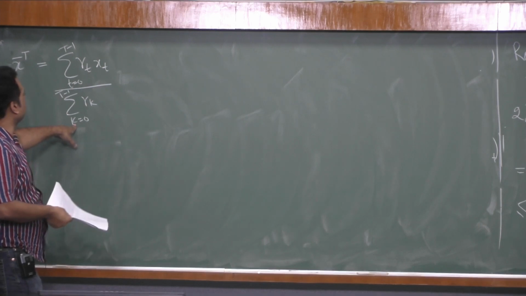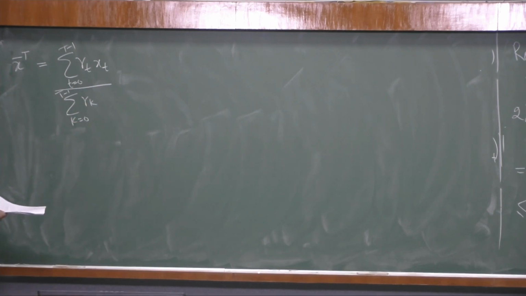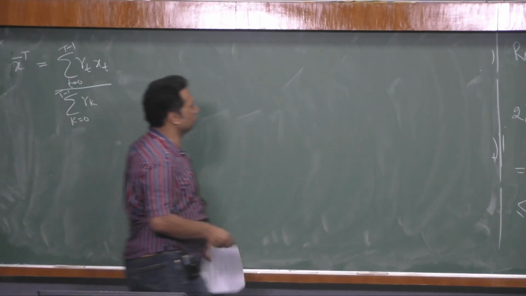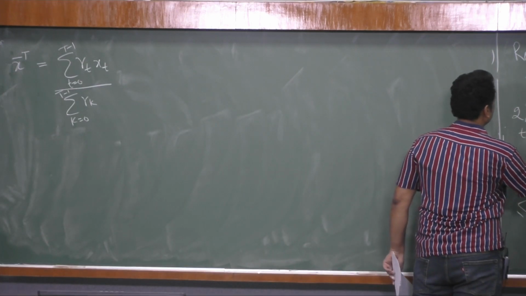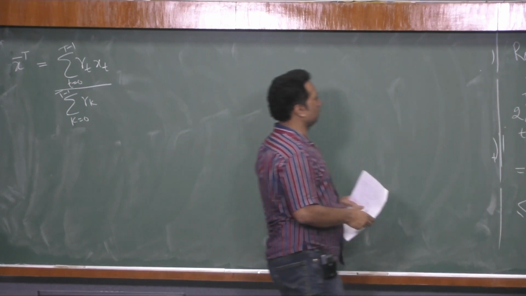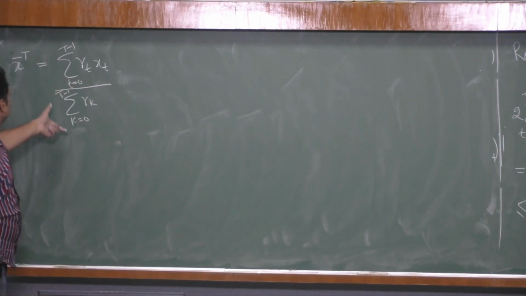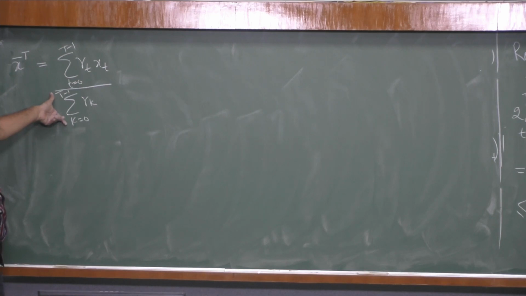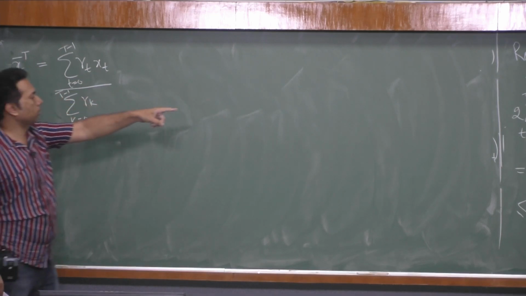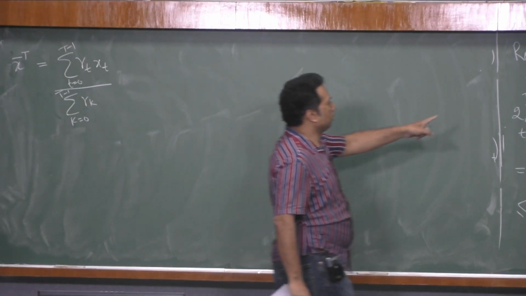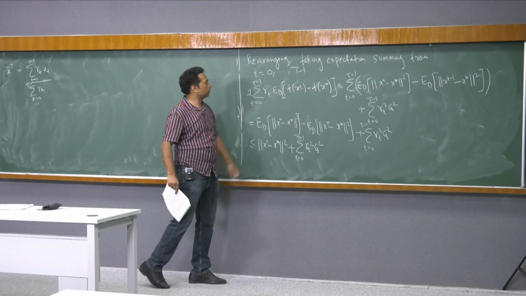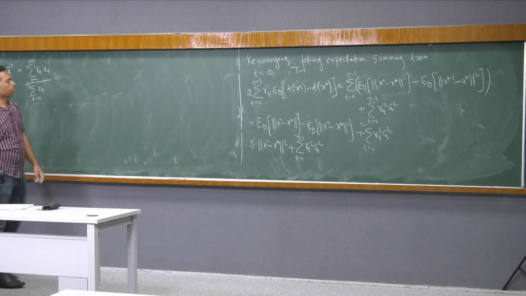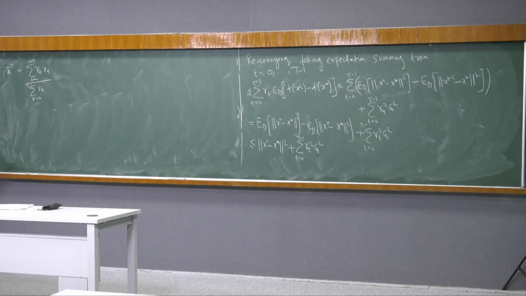The sum is already there, gamma t and f of x t is already there, summed over t equals 0 to t minus 1. So what is missing is this denominator. If we divide by that and use Jensen's inequality, then I will get here f of x bar capital T, right? We have done this trick before as well, so this is the same trick.